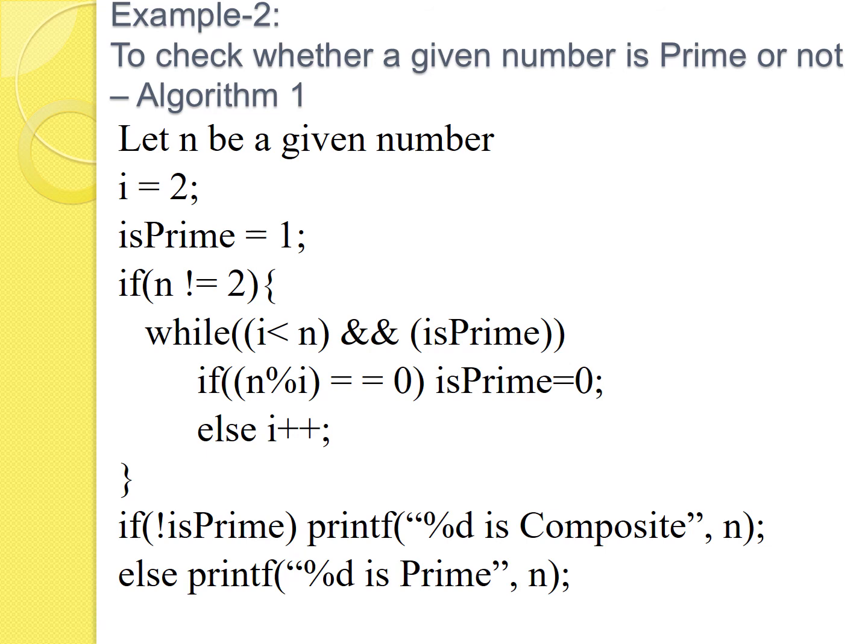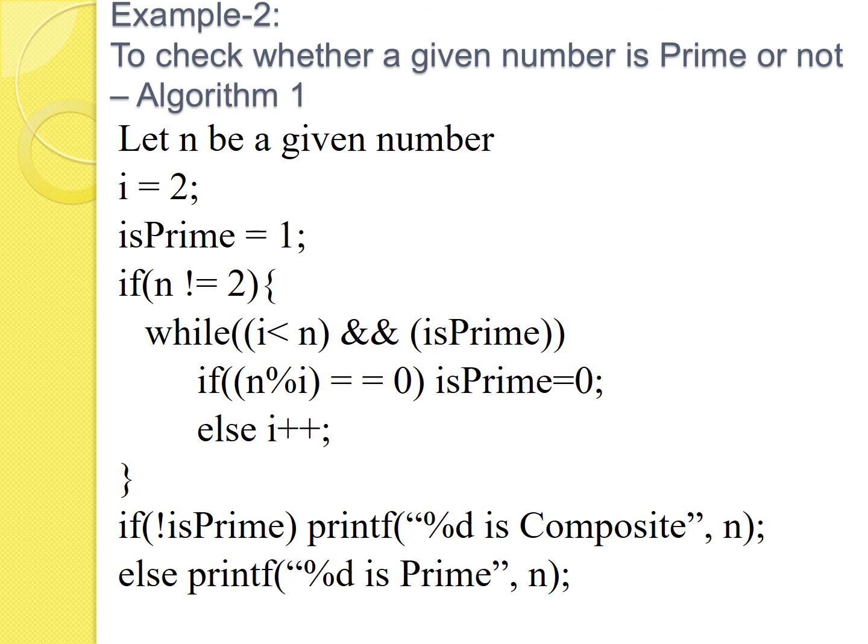Algorithm 1 is the most familiar one, where we divide n by the numbers less than n, and if it does not leave a remainder of 0, then n is a prime number. If even for one number less than n we get a remainder of 0 when n is divided by that number, then n is not a prime number.